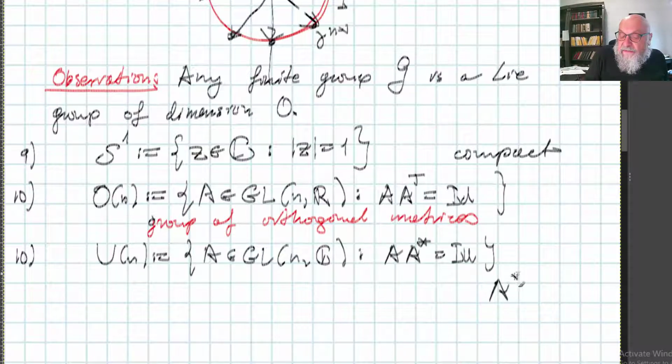Since A star is a little different than in the case of the orthogonal group, first you take the transpose matrix and then you conjugate, you put conjugation on all the entries in this matrix. So this is called the unitary group.